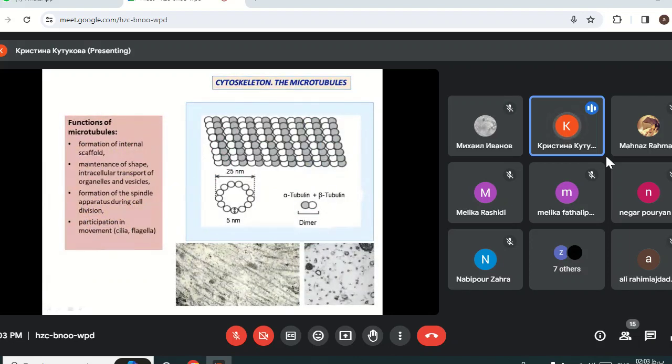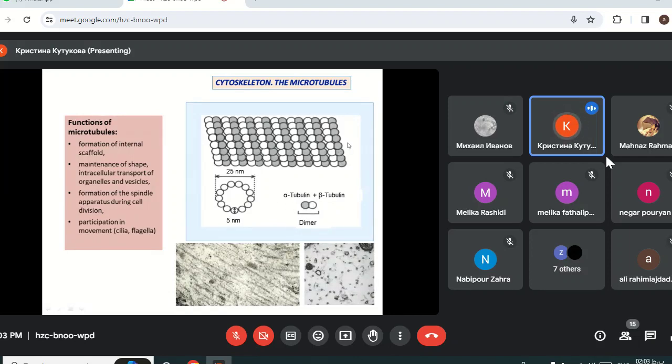So this is how microtubule looks like in elongated look, and this is how it looks like in cross section. If we cut it, this is how it will look like. And its diameter is 25 nanometers, and it consists of two types of proteins, alpha tubulin and beta tubulin, which make the dimer, two molecules combined together.